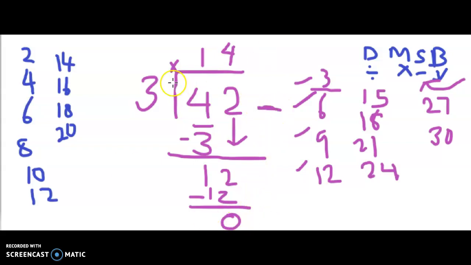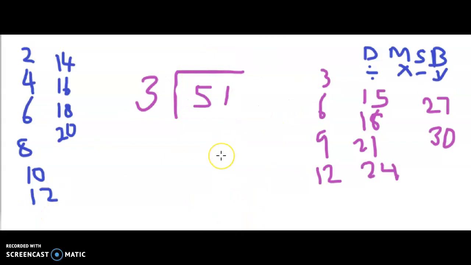So we stop here. In this last example, we have 51 divided by 3. So we are going to do the steps for long division: dead monkey smell bad. So 51 divided by 3. We start with 5. 5 divided by 3 is 1.